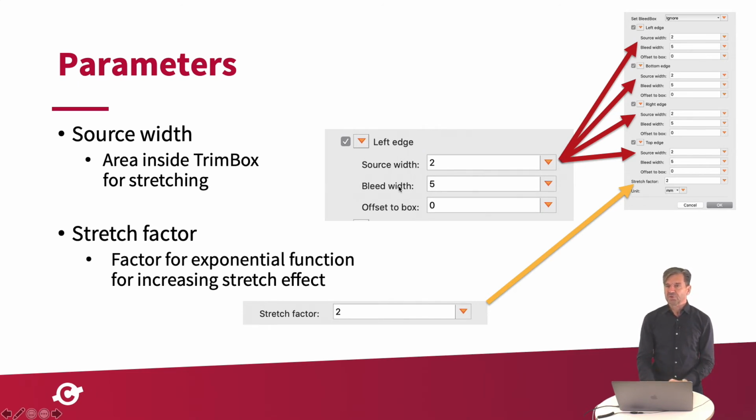For stretching, you have a source width, and that specifies how far you go inside of the trim box. I think the unit here is millimeter. So in my example, on the left edge of the page, it would go 2 millimeters inside of the trim box, and from there on, it would slightly stretch the content outwards.